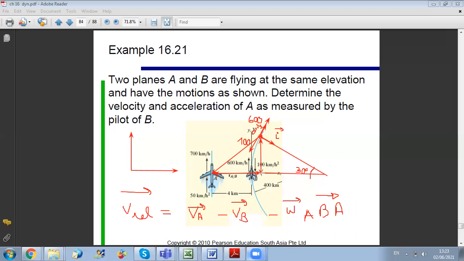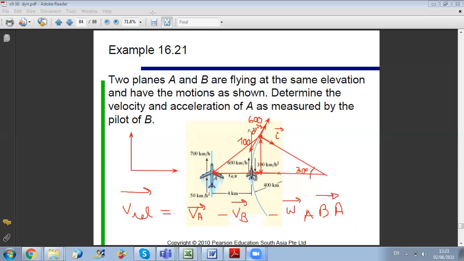You can work with everything in big I, big J, or you can work with everything in small i, small j. It depends on what you want. Okay, now here both have some complexity because there are vectors along small i, small j, and other vectors along big I, big J. So in both cases I should do projections. So it's up to you.